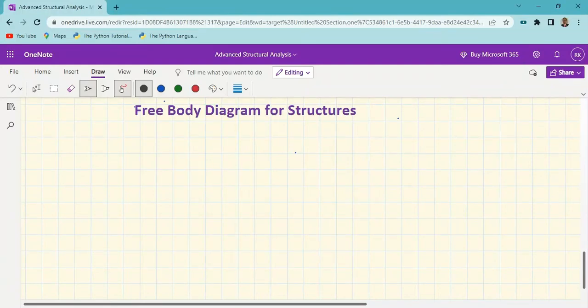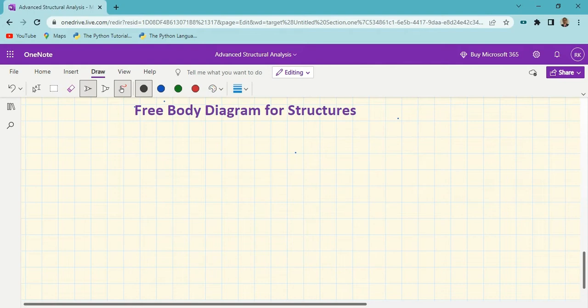Welcome, students. We have seen while analyzing a structure using force method like flexibility method or strain energy method, we need to draw correct free body diagram. By the way, drawing correct free body diagram is necessary for plotting bending moment diagram as well.